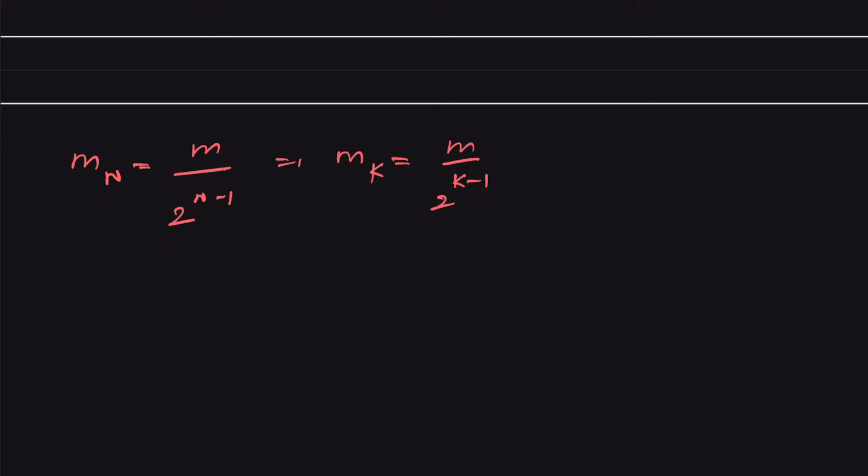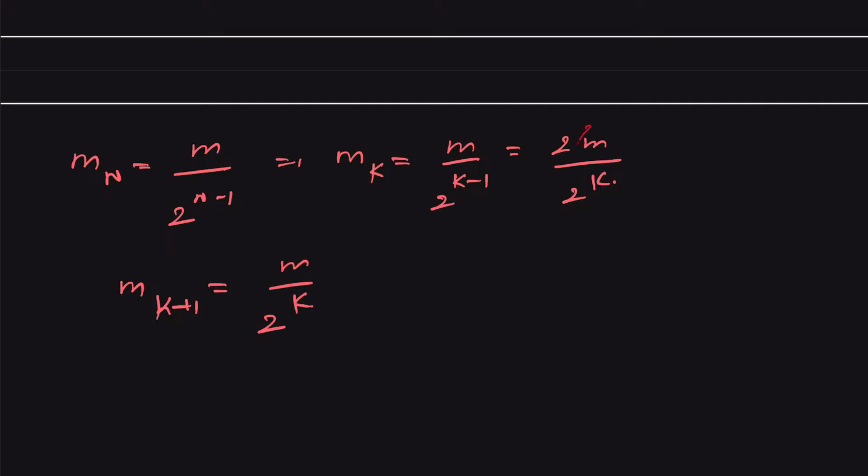And we can mathematically write it as m_k = 2 m_{k+1}, that is, twice m divided by 2 raised to power k. If I substitute this as m of k plus 1, then m of k plus 1 will be equal to m over 2 raised to power k.